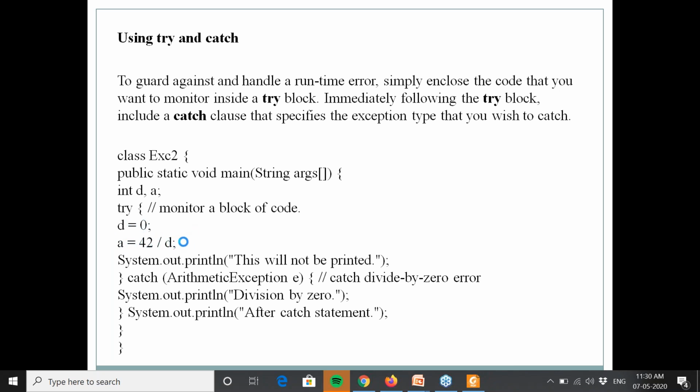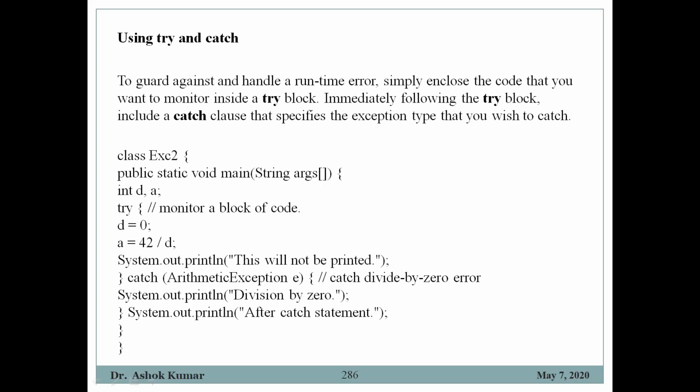So this line can generate the error that we have kept in the try block. After this try block, we have one catch block, and in this we have used the class name ArithmeticException. This is the name of the class, and this is the reference of that. This is a kind of parameter, you can say.